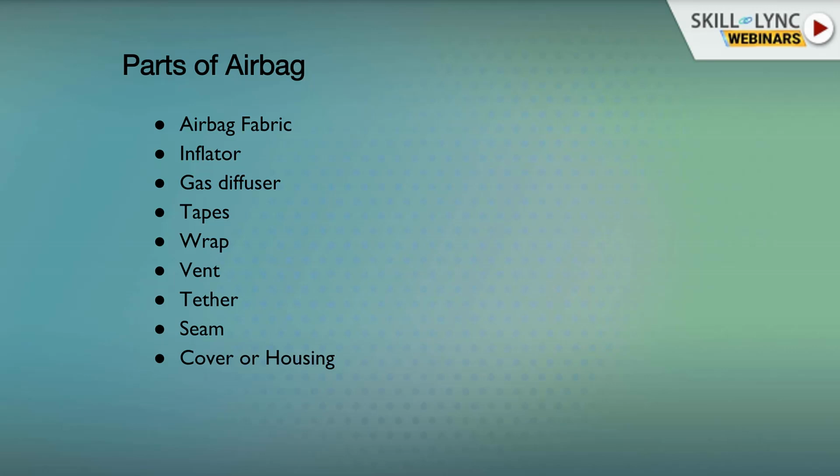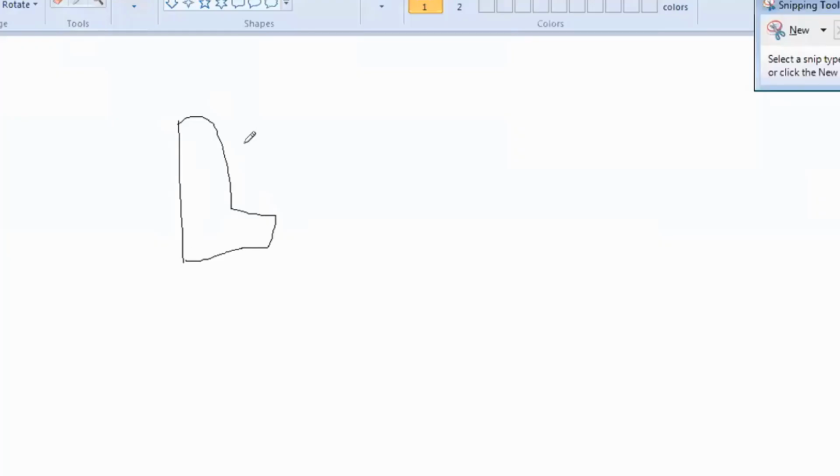So if it is a seat side airbag, I would like to show you. Let's say this is the side of a seat. When you have the airbag kept here, the outer layer is also fabric, and the inner layer is also going to be a fabric.